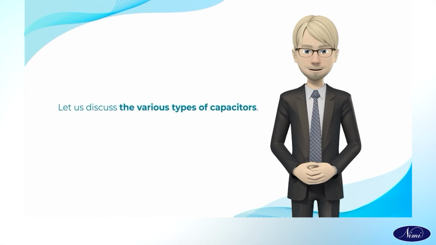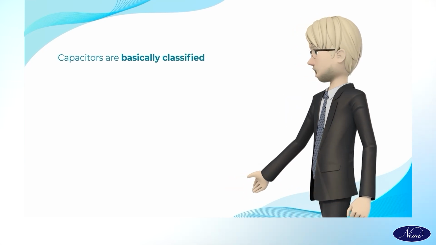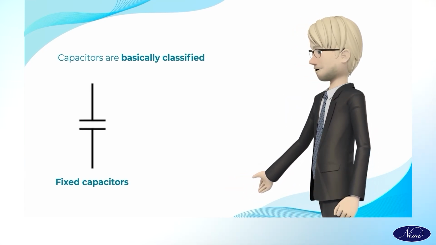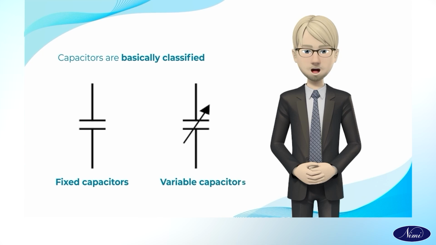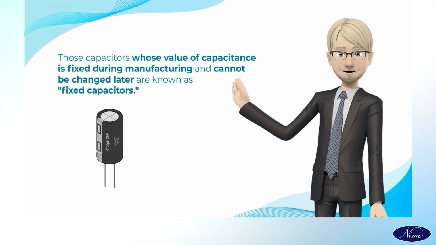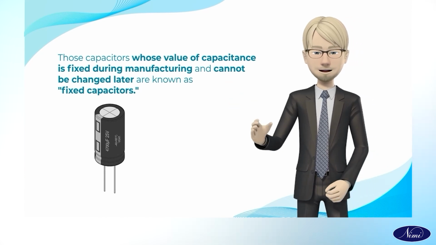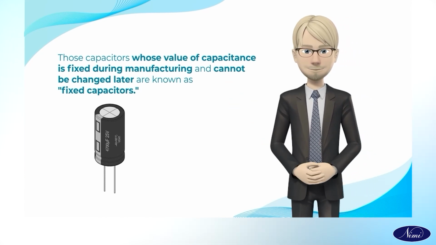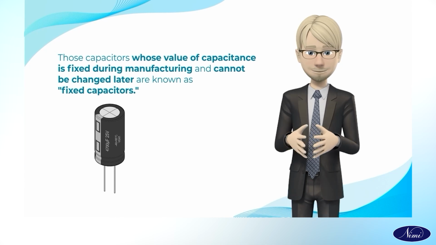Let us discuss the various types of capacitors. Capacitors are basically classified as fixed capacitors or variable capacitors. Those capacitors whose value of capacitance is fixed during manufacturing and cannot be changed later are known as fixed capacitors.